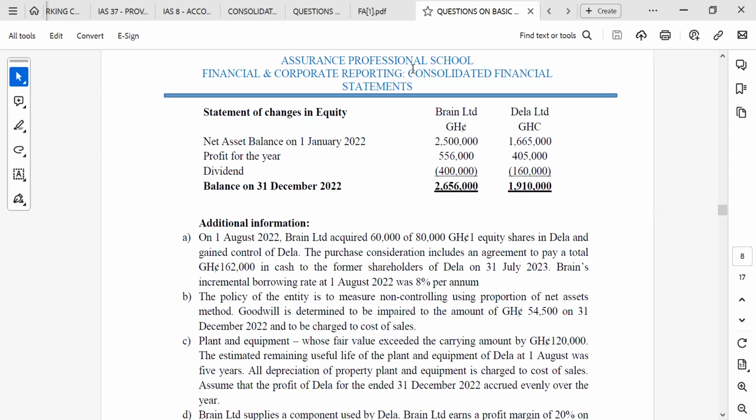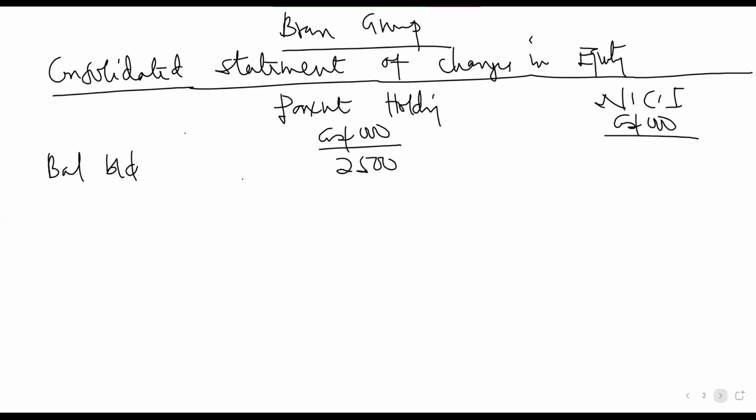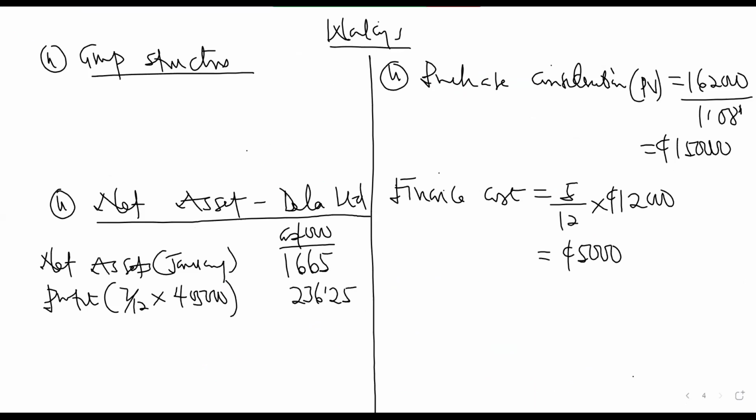Assume that the profit of Dela for the year ended 31st December 2022 accrued evenly over the year. Okay. So there is a post-acquisition fair value adjustment here. So let's add that to our net assets first. So we have PP&E at acquisition, that will be 120, isn't it? Yes. Okay.